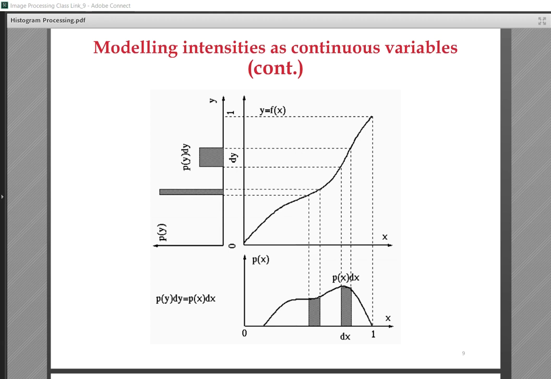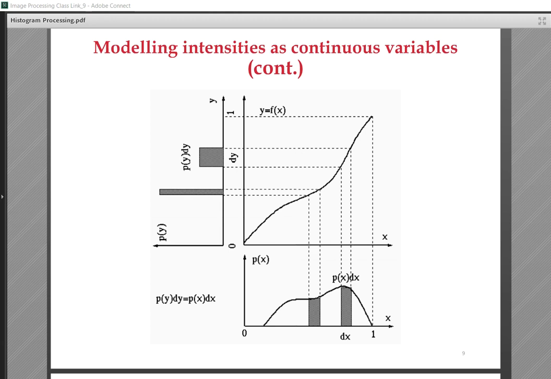Using this slope, this slope is high compared to this slope. When the slope is high, dy or ds is more than dx or dr, then PS is smaller than PR.